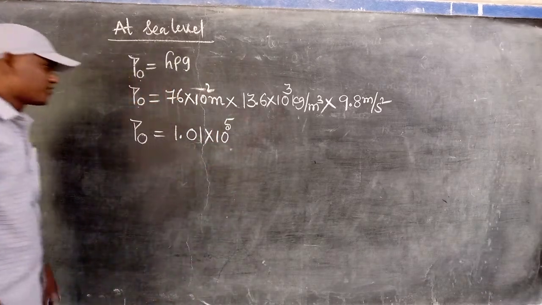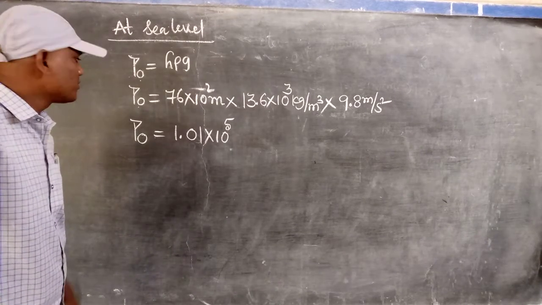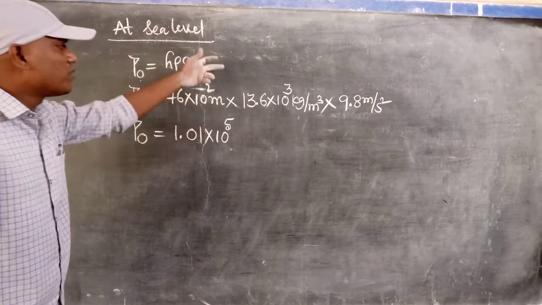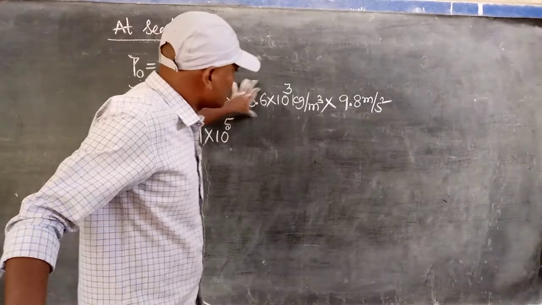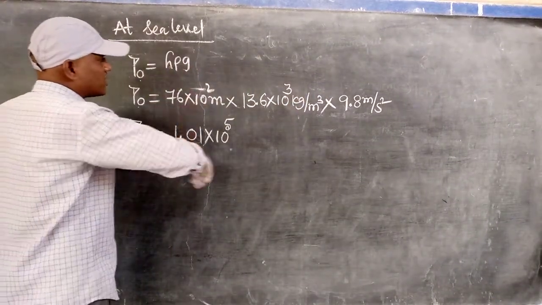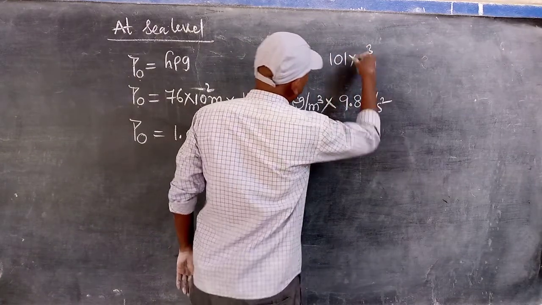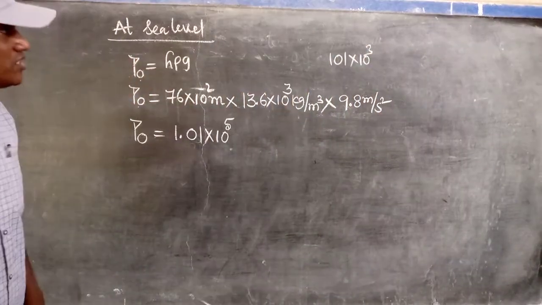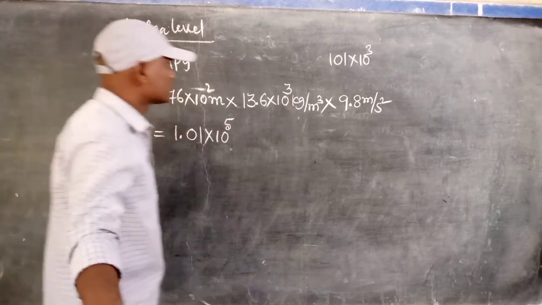Listen very carefully. 101 into 10 power 3 we should write as 1.01 into 10 power 5.